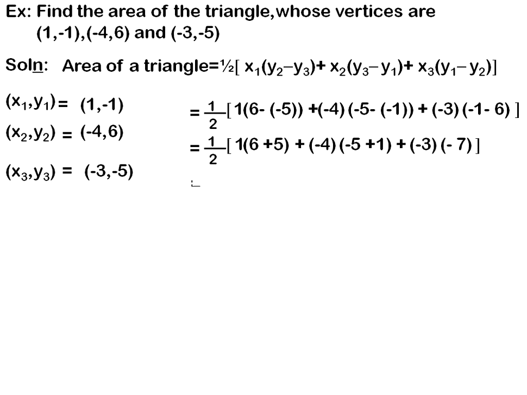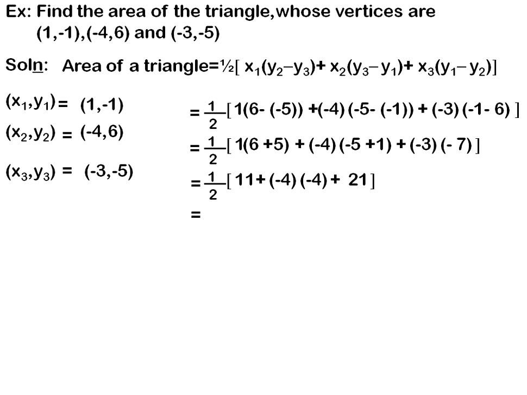Again equal to half into the bracket 6 plus 5, that is 11, 11 into 1, that is 11, plus minus 4 into minus 5 plus 1, that is minus 4 into minus 4, and plus minus 3 into minus 7, that is 21. I will write 21, close the bracket.